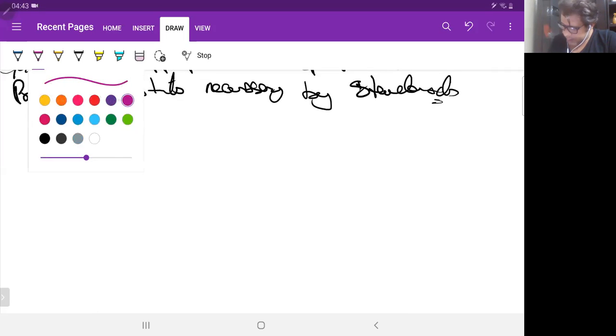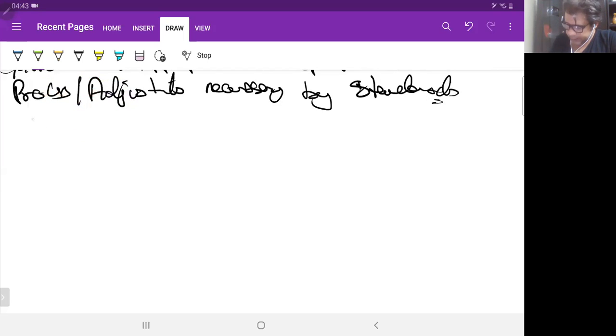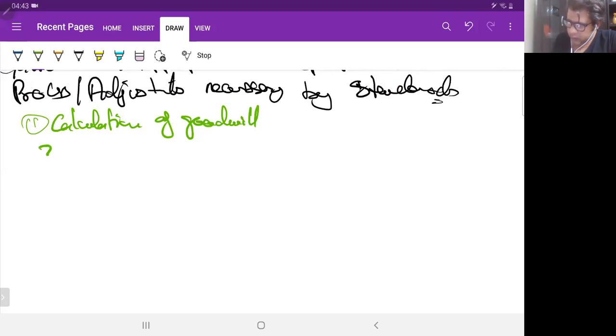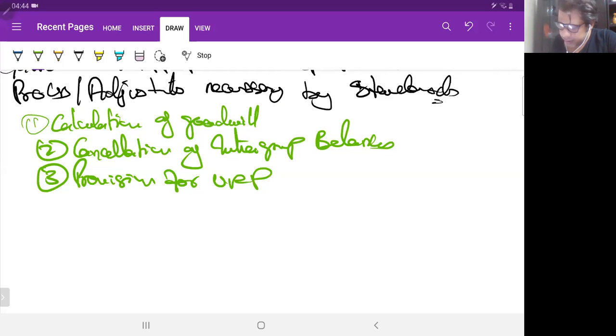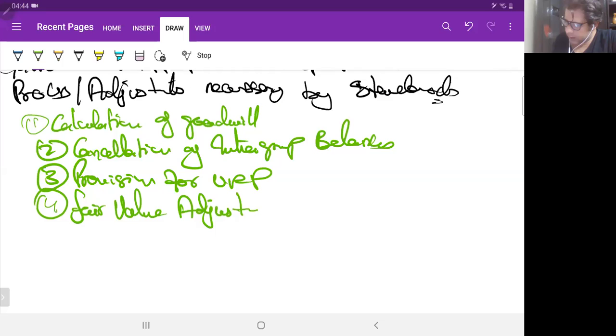Any guesses, folks? Well, let me tell you, if you don't remember, those are: number one, calculation of goodwill; number two, cancellation of intra-group balances; number three, provision for unrealized profits as a result of intra-group transactions; number four, fair value adjustments needed for assets and liabilities held by the component, right?